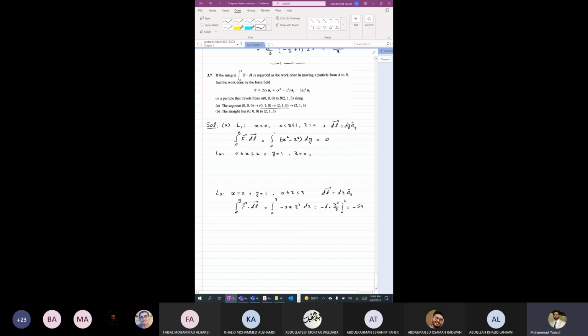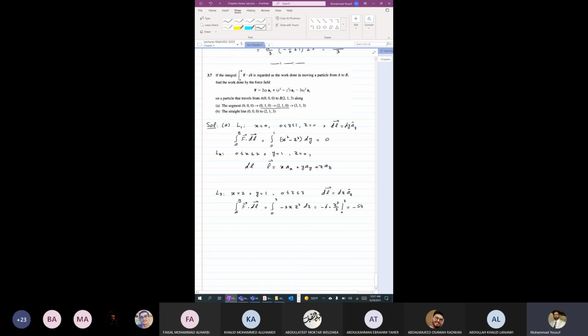So Z is 0. Actually, let me write here dl. L is actually the vector L. What is vector L? No, sorry. Vector L is X component ax plus Y ay plus Z az. This is vector L from 0,1,0 to 2,1,0.